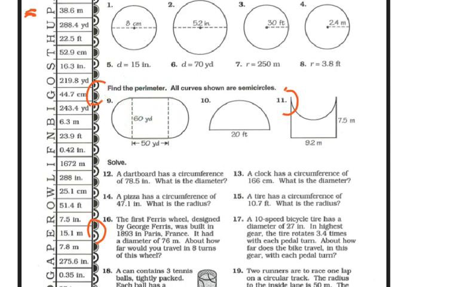All right, number 11, think in your head about what you would do before I do it. How would you solve this? All right, looking at number 11, hopefully you'll be able, I know you can see the shape. If it were a whole shape, it would be a rectangle that's 7.5 by 9.2 meters.